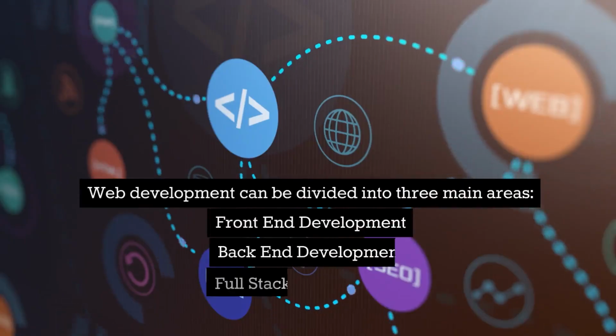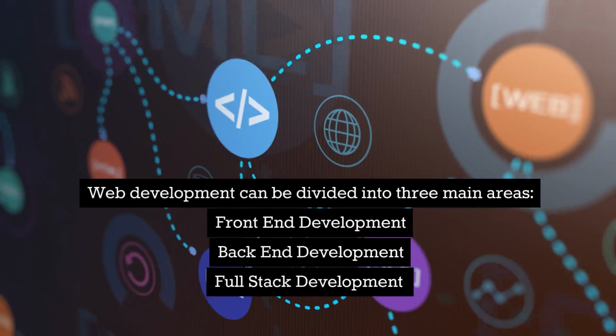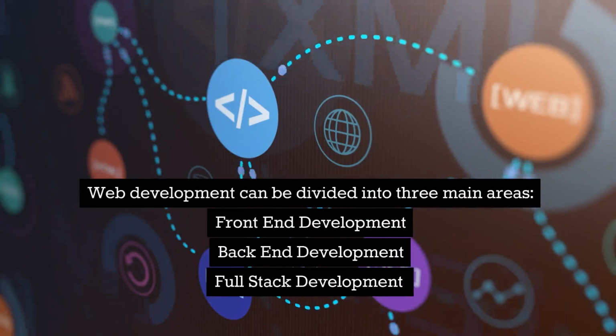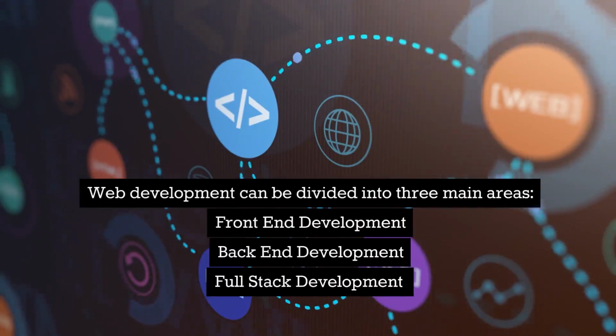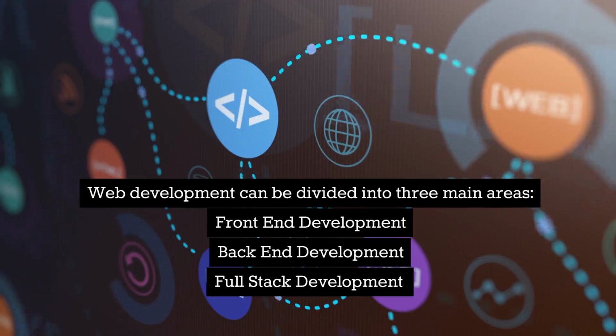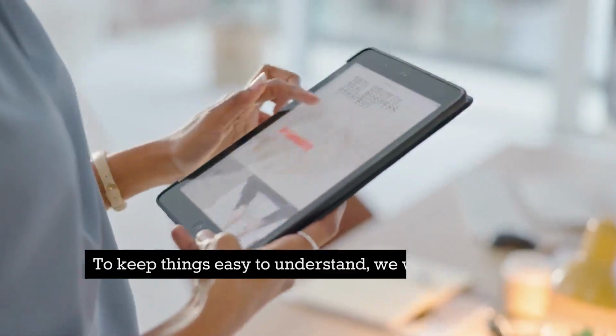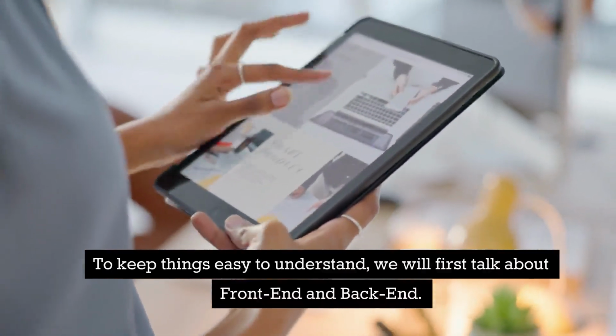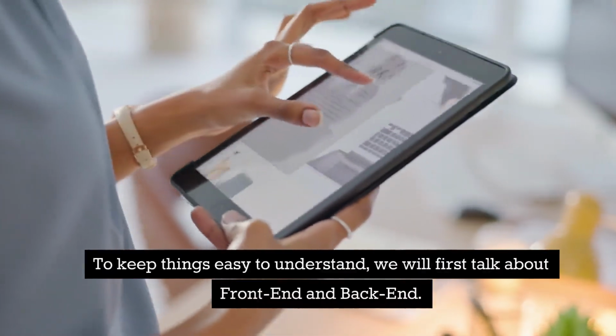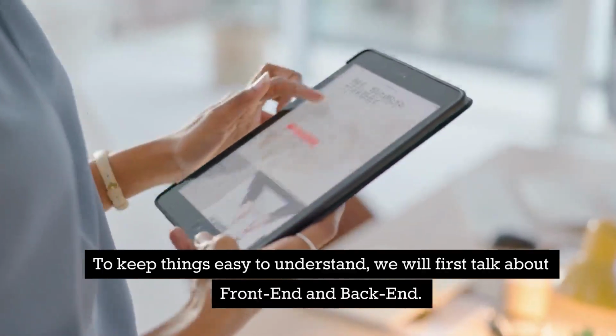Now you see, web development can be divided into three main areas: front-end web development, back-end web development, and full-stack web development. Now, to keep things easy to understand, we will first talk about front-end and back-end.